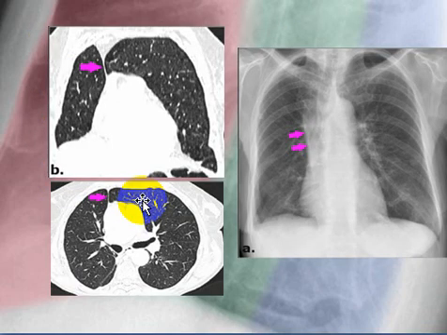Here we see a patient with abnormal deviation of the anterior junctional line to the right side, as we see here in the PA chest, in the axial CT scan, and in the coronal MPR reconstruction CT scan.